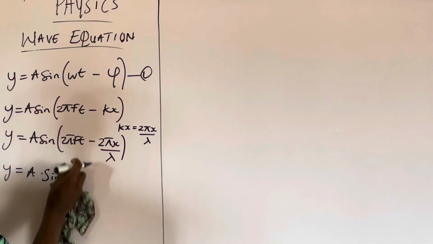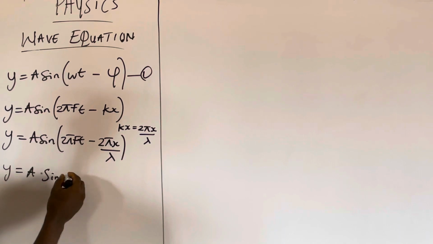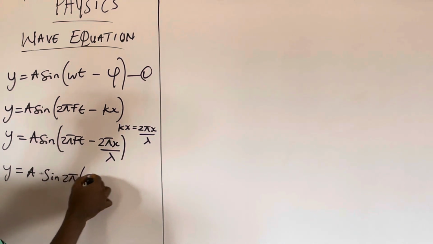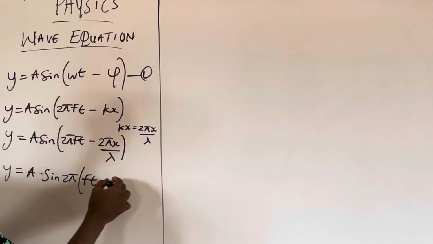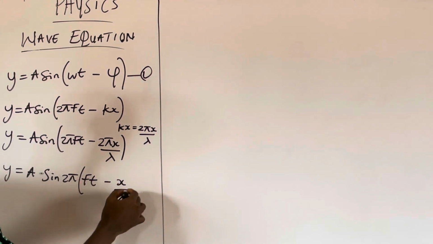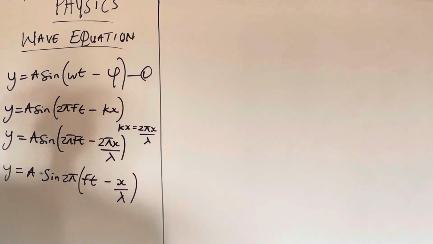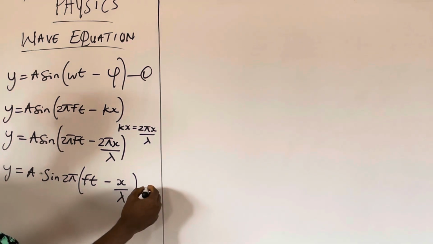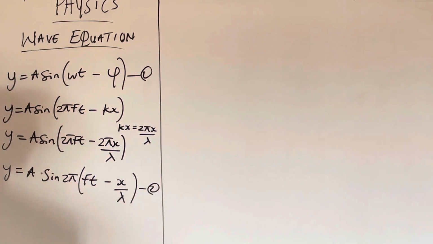The common factor here is 2 pi. y equals 2 pi bracket ft minus x over lambda. Call this equation 2.